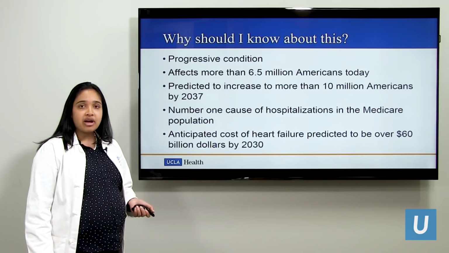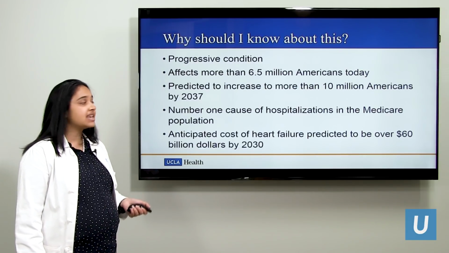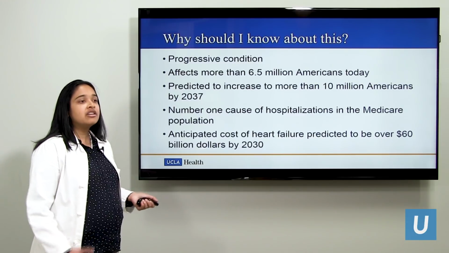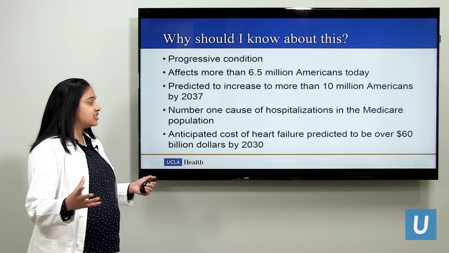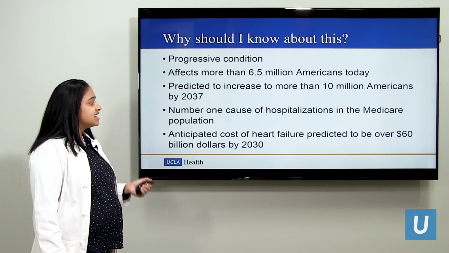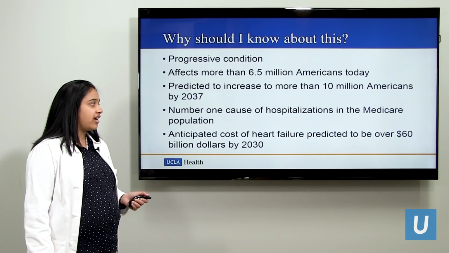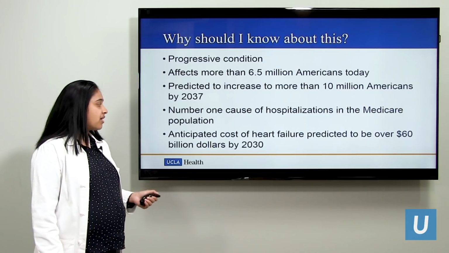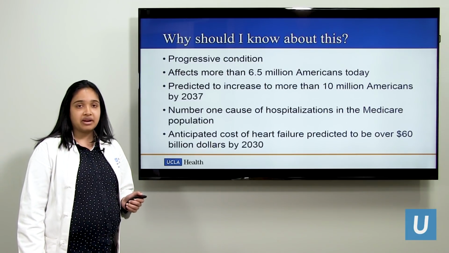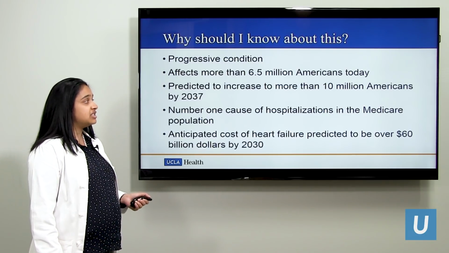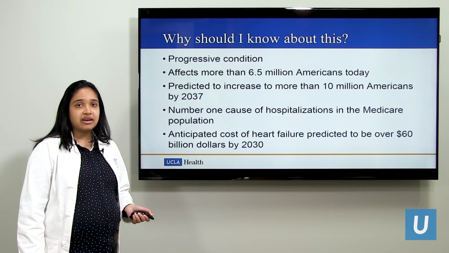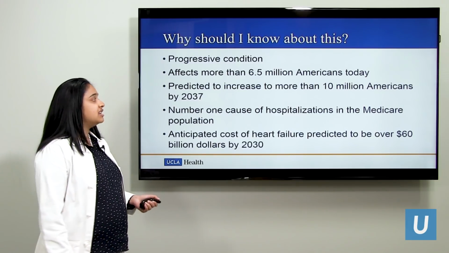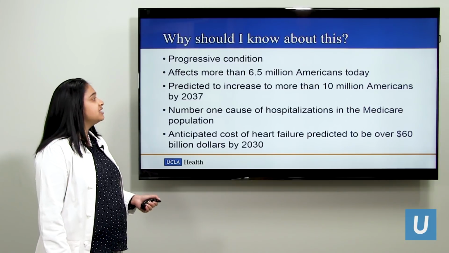It's the number one cause of hospitalizations in the Medicare population, so it affects a wide range of ages. And the anticipated cost of heart failure is predicted to be over $60 billion by the year 2030. So the chances are you're going to know someone with this condition, or you may be affected by this condition yourself at some point down the road.